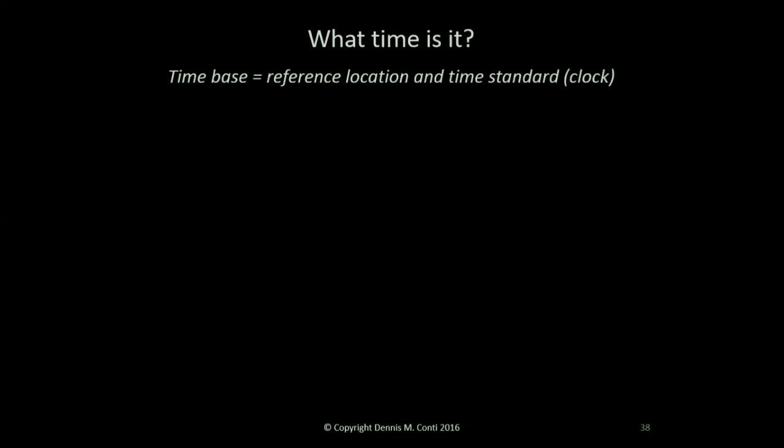And this will vary across different types of observations. But it's important that we standardize what our time base is, so that when we're comparing one observation to another, we're consistent in our measurements.